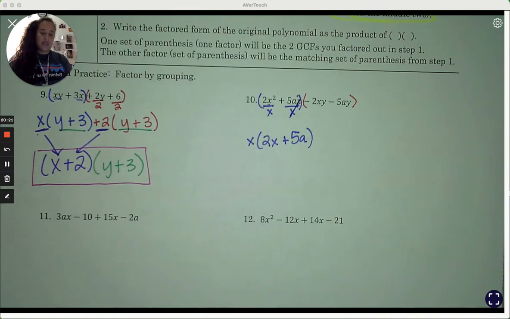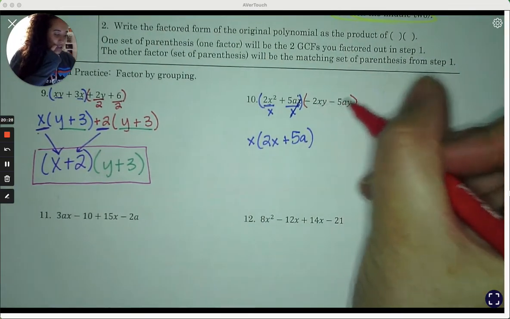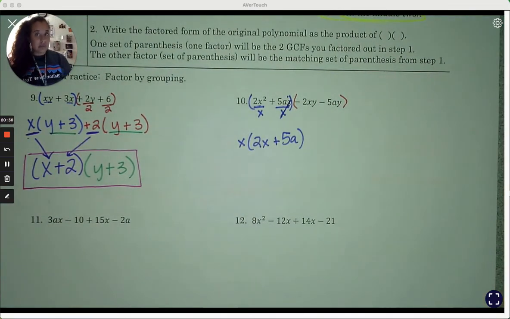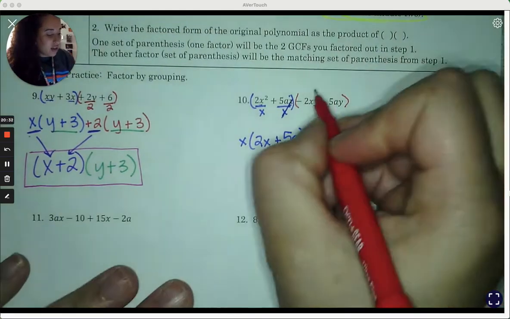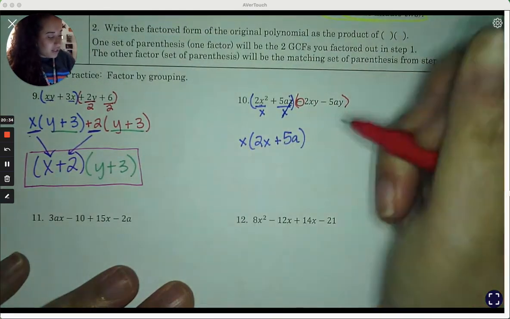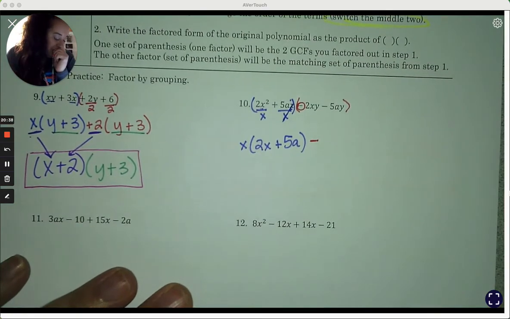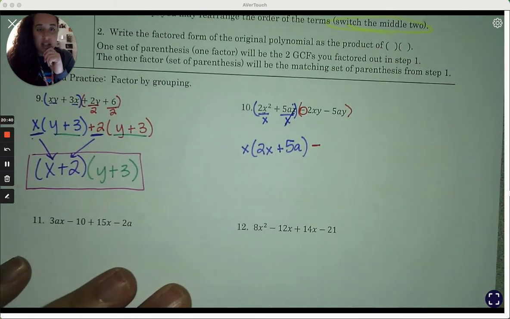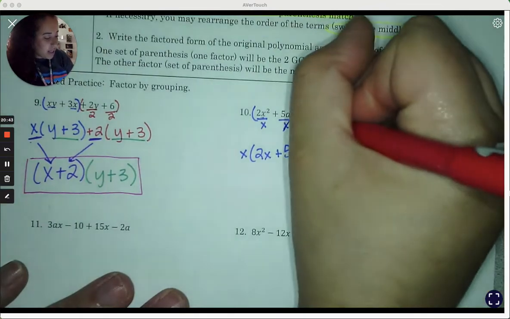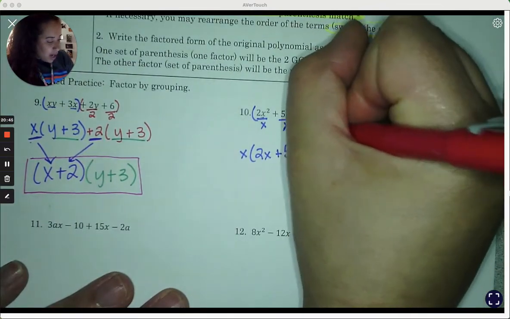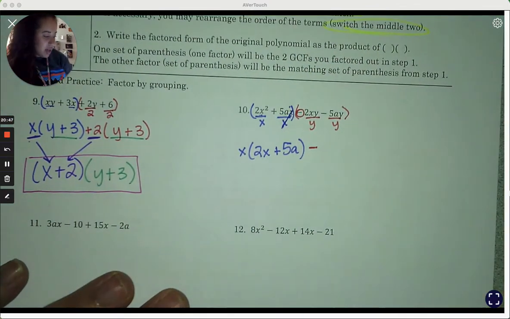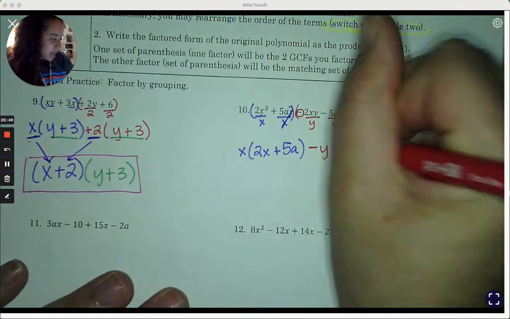In my red set of parentheses, again, I noticed a negative here, which means I have to pull out a negative when I factor. 2 and 5, like before, don't factor out, but I can factor a y out of both of them. So I'm going to pull out a y.